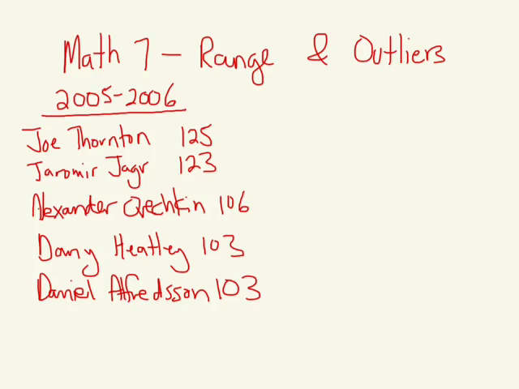We are asked to find the range of this data. Now, the range of data is actually pretty simple to find. All you have to do is determine the greatest number and the smallest number, and we are looking at the difference between them. So a little formula to remember: range is equal to highest value minus lowest value.